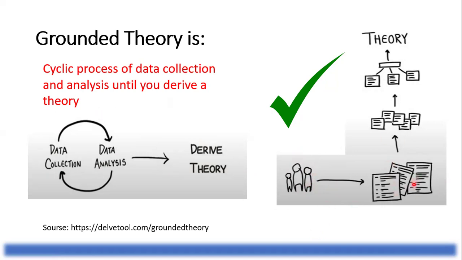So you find some themes, you find some common understandings and differences of understanding, and you develop those themes and you categorize those themes, and it will become a theory. So this is the process of grounded theory. In grounded theory, you first collect the data.